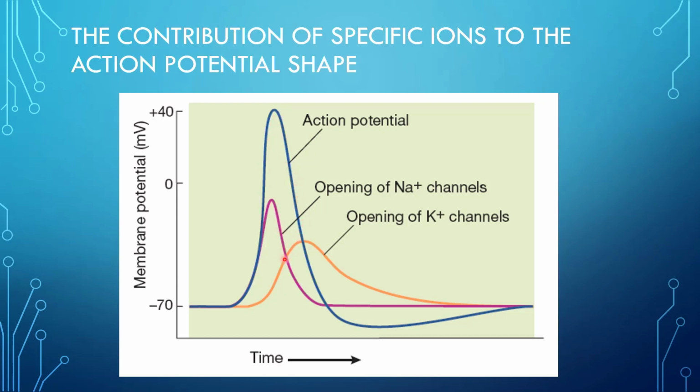But remember, the potassium channels are allowing potassium to leave the cell. So what happens as they stay open and the sodium channels close is that we start to have an opposing reaction here. So this is just a nice illustration that I think helps you to see the dynamics and how the action potential takes shape.